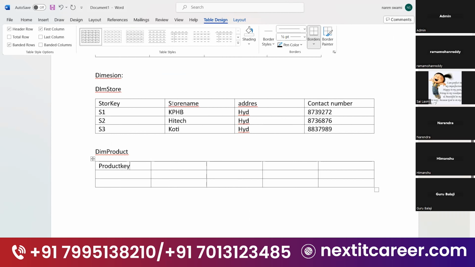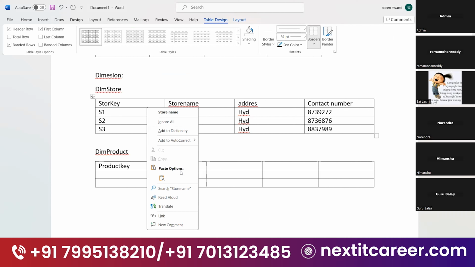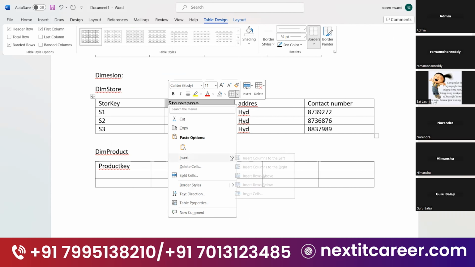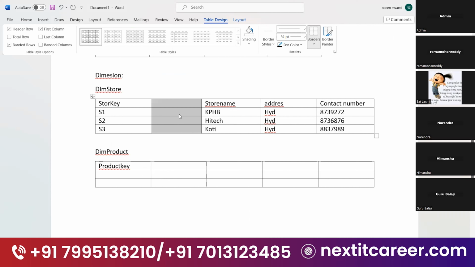In a data warehouse we will also have one more column, the store ID, for example 101, 102, 103. Then the product ID and the product name.